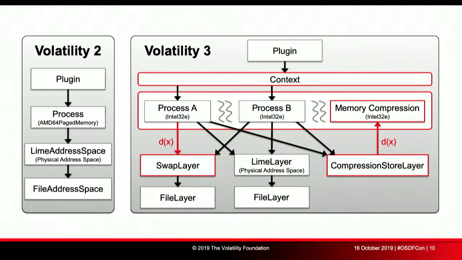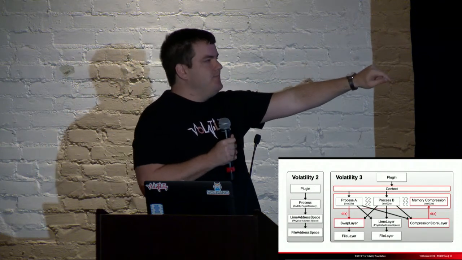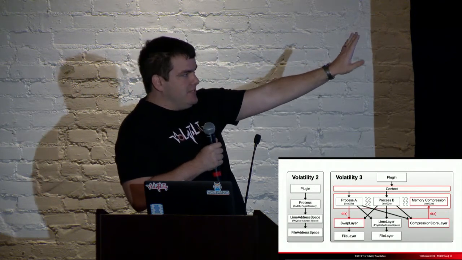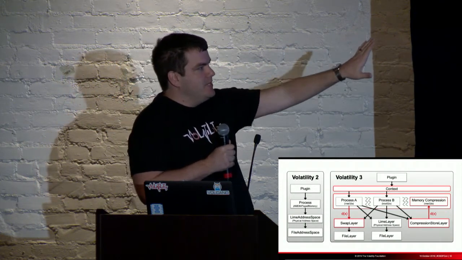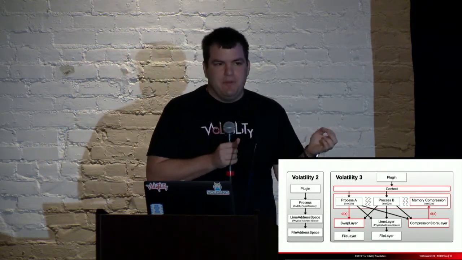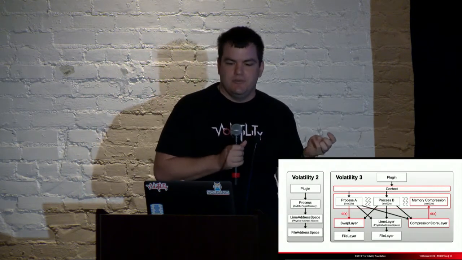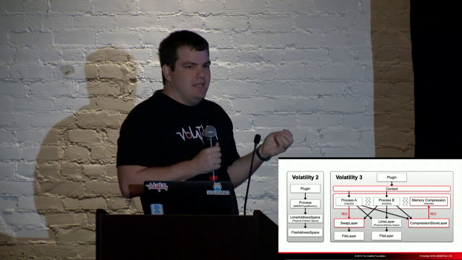If you look at all these arrows over here, basically what it's saying is when your plugin wants to read data, your plugin will not know the difference unless it very specifically asks, but in most cases you don't care, you just want the data. Whether the data you're looking for is in the main memory sample, in a page file on disk, or in one of the compressed stores in RAM, your plugin will get at the data the same way.